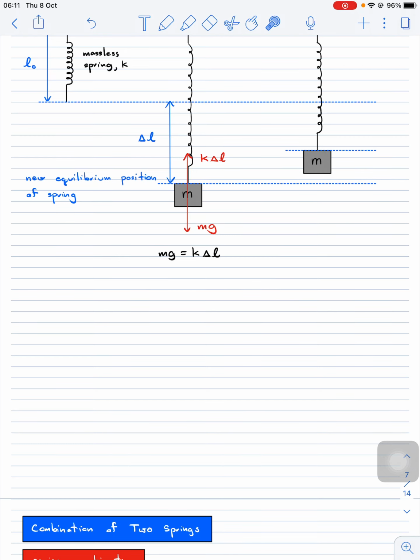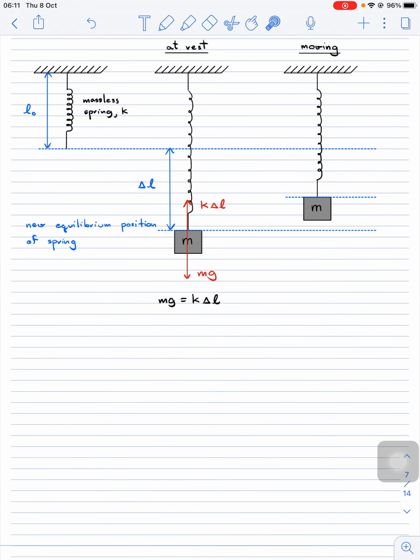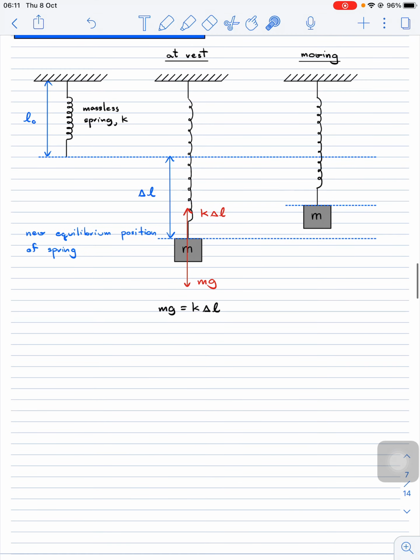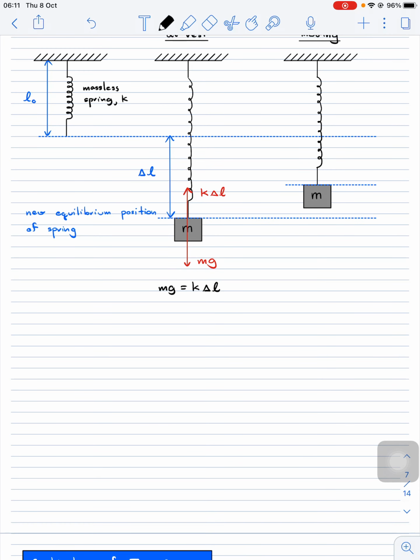Now, if we consider the motion of the mass, this mass is going to oscillate up and down about this new equilibrium position of the spring. Let's say that the amplitude will be equal to A, with this direction taken to be positive.